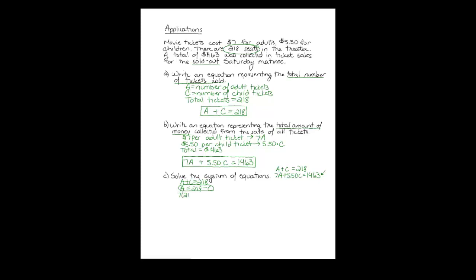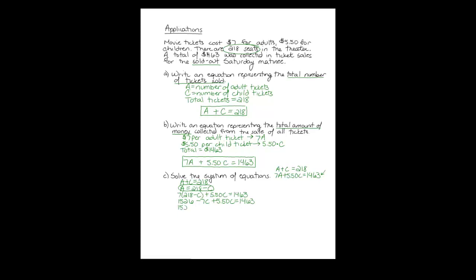So 7 times 218 minus C plus 5.50C equals 1,463. Working this out, distributing the 7, 7 times 218 is 1,526, minus 7 times C is 7C, copying down the rest of the equation, plus 5.50C equals 1,463.